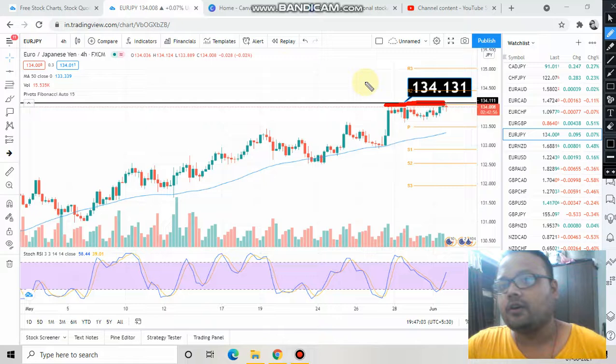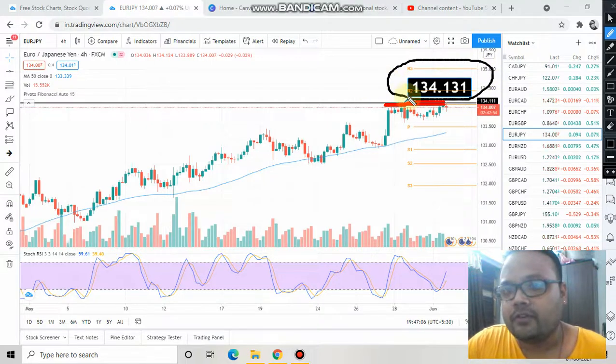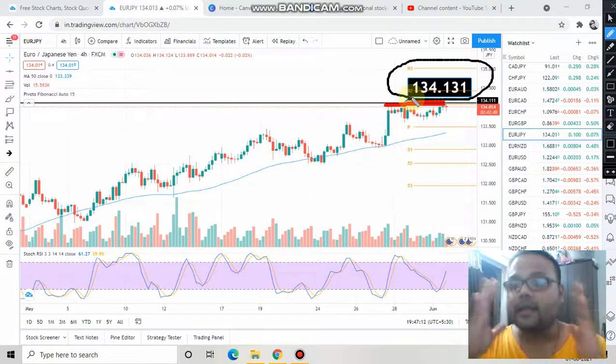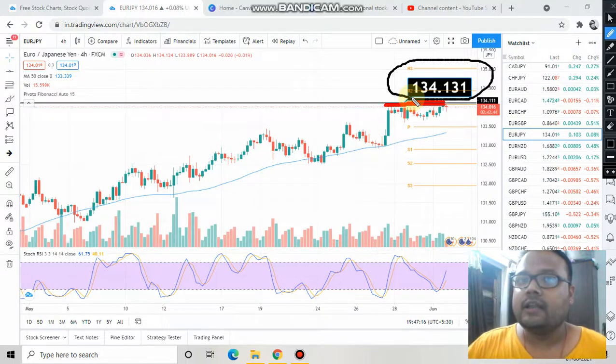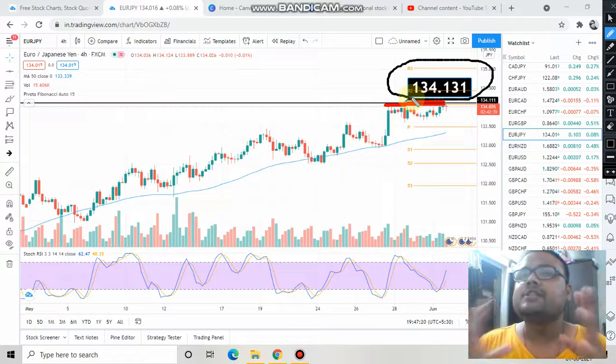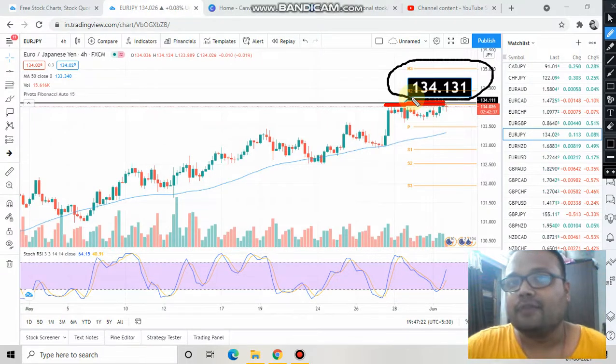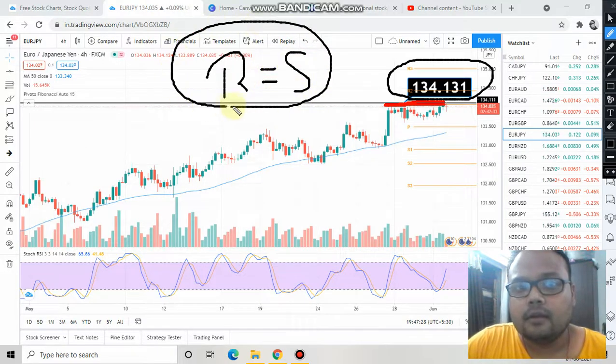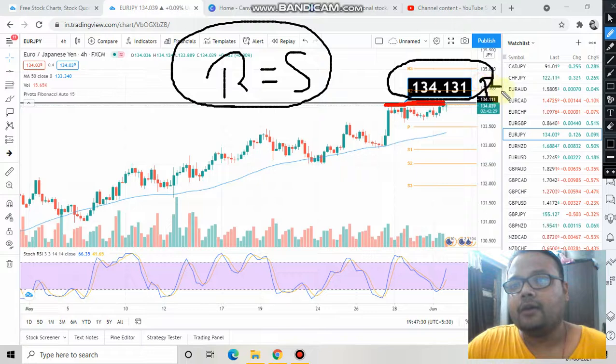If the market crosses the 134.13 level, try to read the chart, try to understand the market emotion and the market psychology. If you see that the market has crossed the level and is trading above it comfortably, with no price struggle, then you'll get the confirmation that yes, this resistance has become the support now. Then you can go for a buy order.